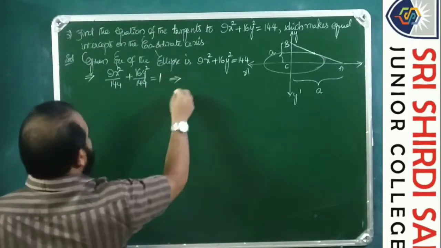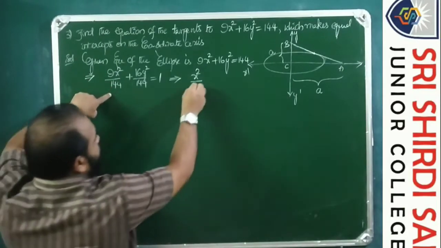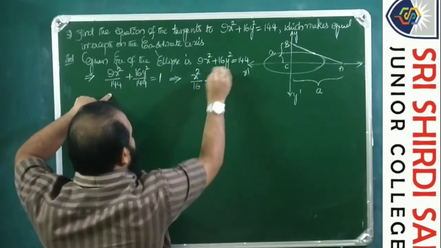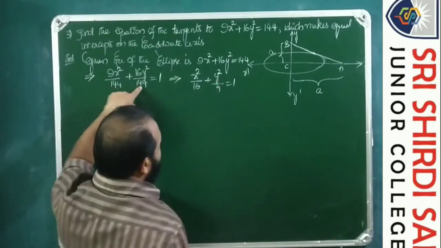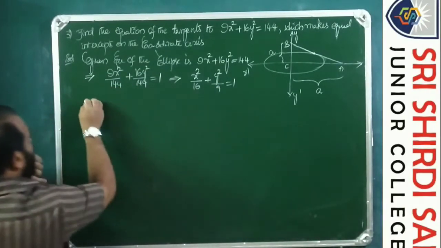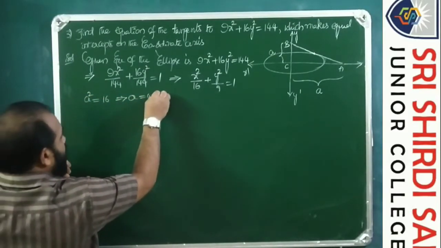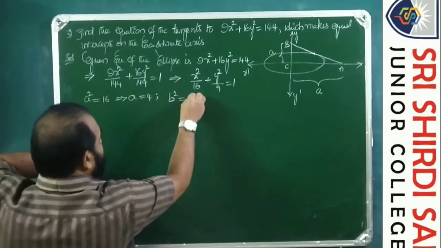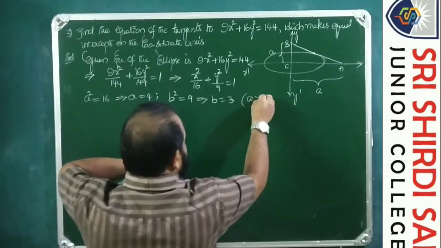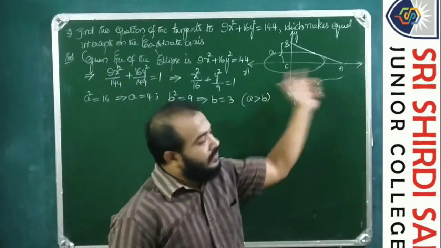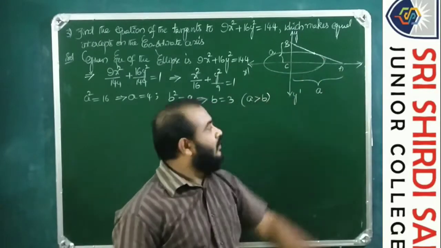This implies x square by 144 by 9, that is 16, plus y square by 144 by 16, that is 9, equals 1. So here a square equals 16, which is a equals 4, and b square equals 9. From this b equals 3, a is greater than b. So therefore the x-axis is the major axis.